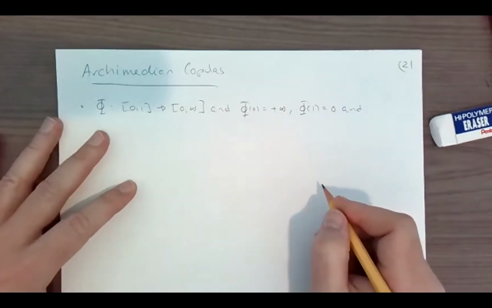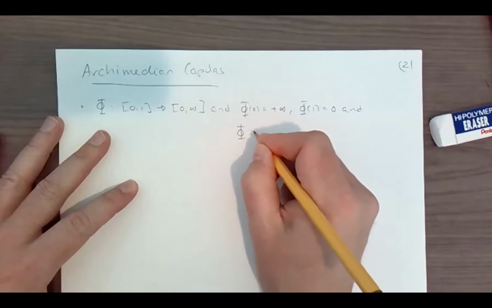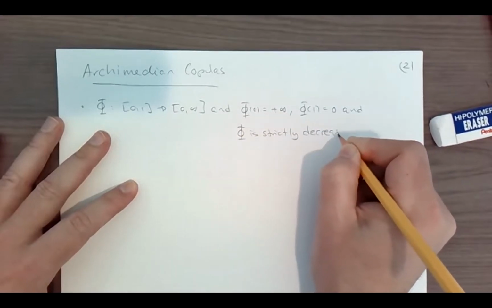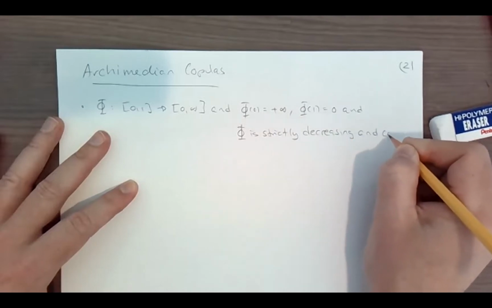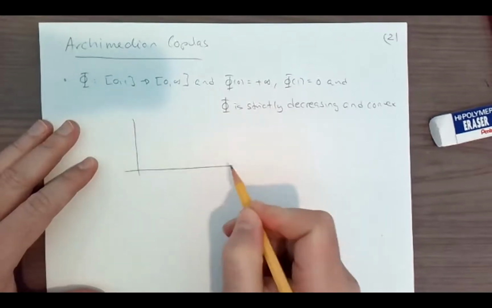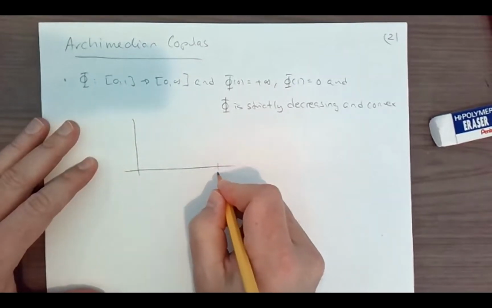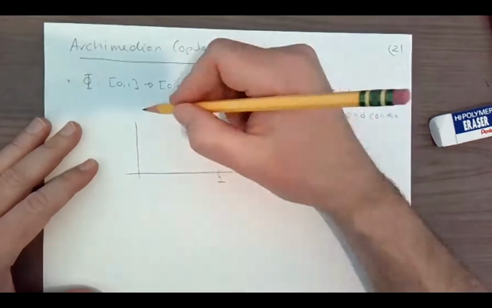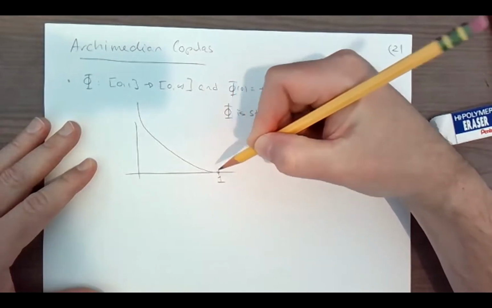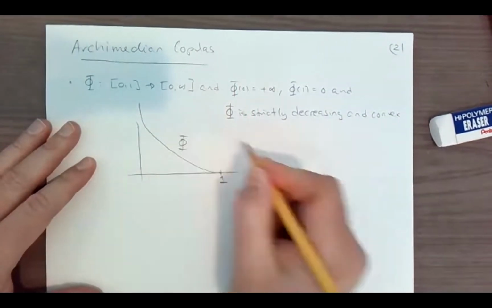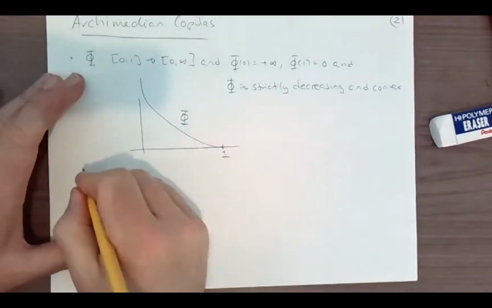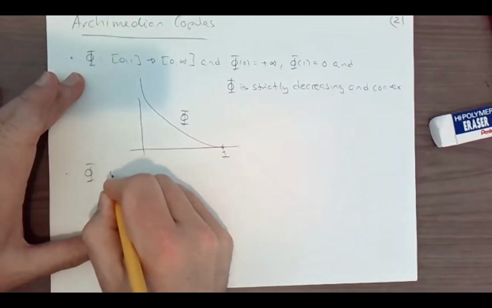And it's strictly decreasing and convex. So on a picture, you have your phi. Here we have the 0, 1. Inside here it blows up and it comes down to here. This is our phi. This is called a generator.